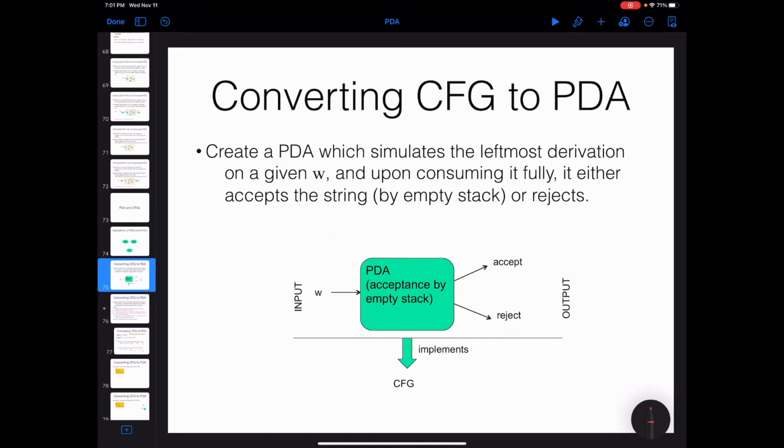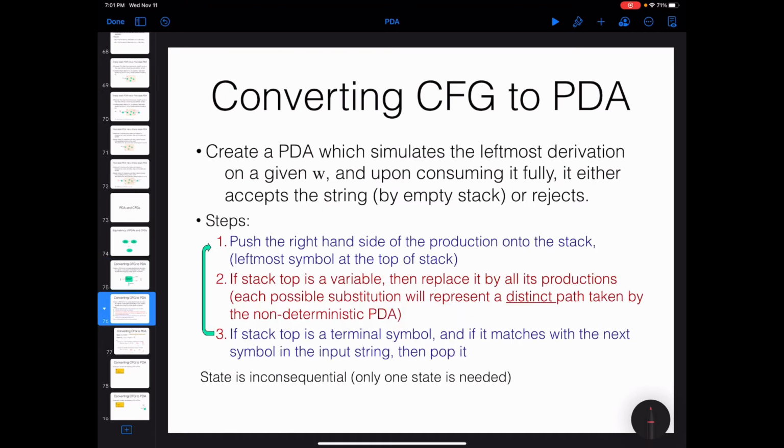And if there is any string that will be rejected by this pushdown automata, it cannot be generated by the grammar. These steps that I've written here are just a verbal explanation of that. I'm going to skip this slide and just show it to you over an example.